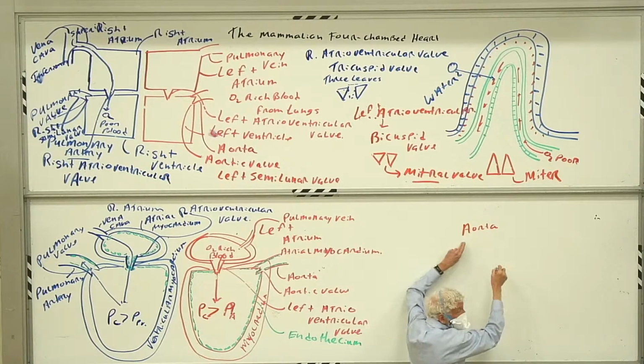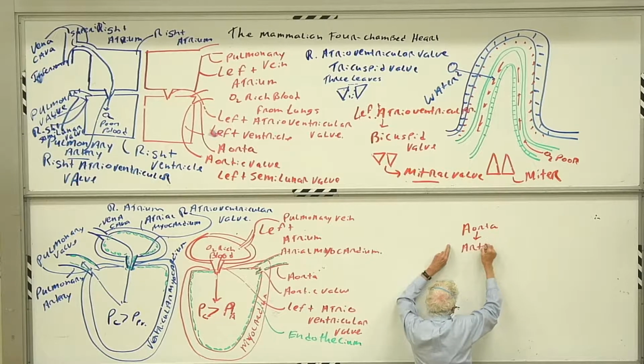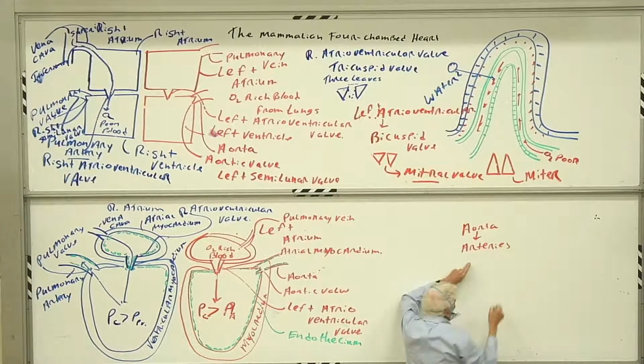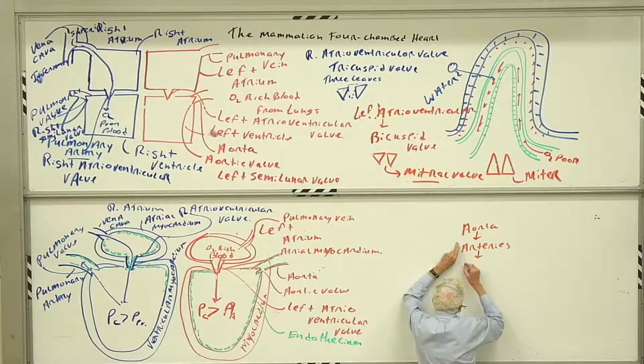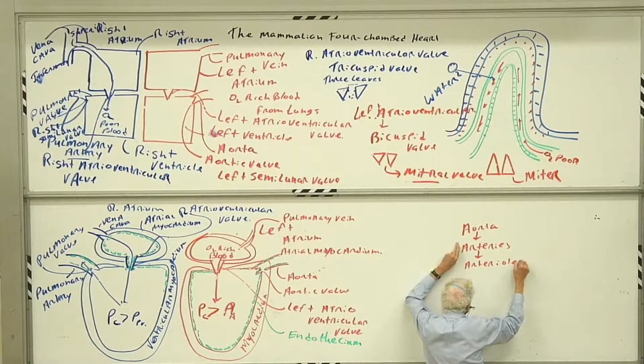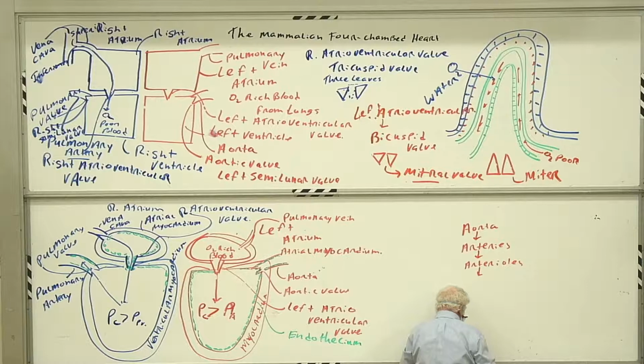It's a single tube. Then from the aorta, it goes into arteries. These are many, many branches of the aorta. From the arteries, it goes to the arterioles. Now from the arterioles, these branch and branch, and they break down into structures, which I'm going to put in green here, called capillaries.